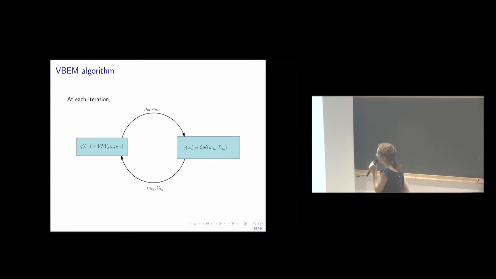We find at the end of the day that these entries follow a posteriori a Gaussian distribution with parameters mzn and sigma zn, which will be updated in an iterative way, taking into account the posterior distribution of the phase, where we have a von Mises distribution.